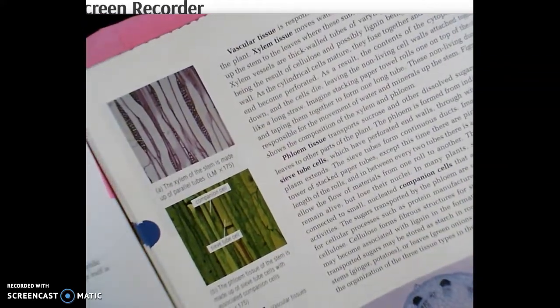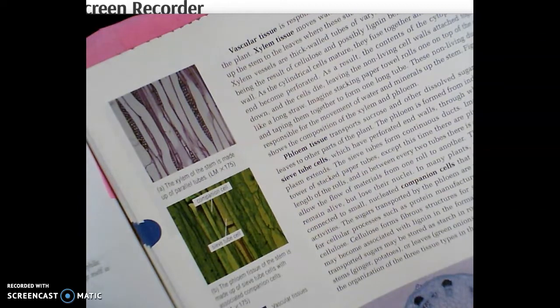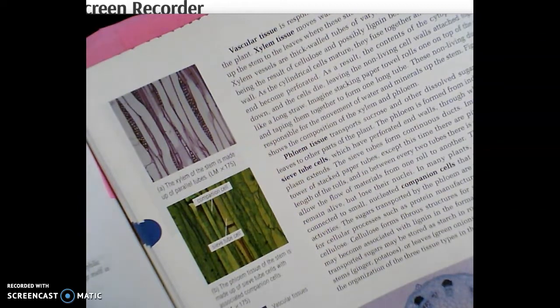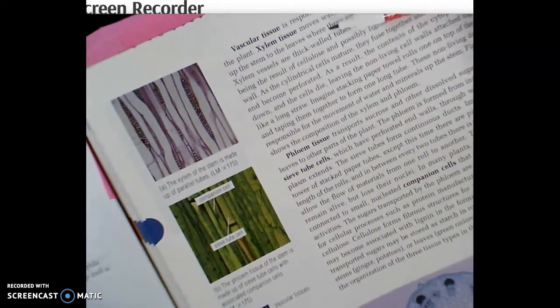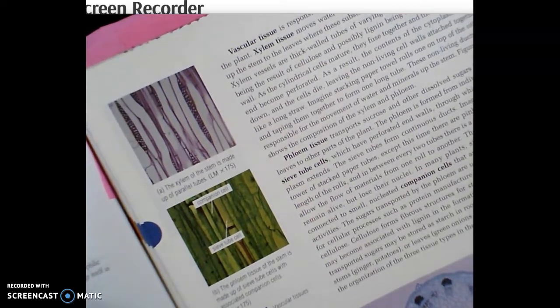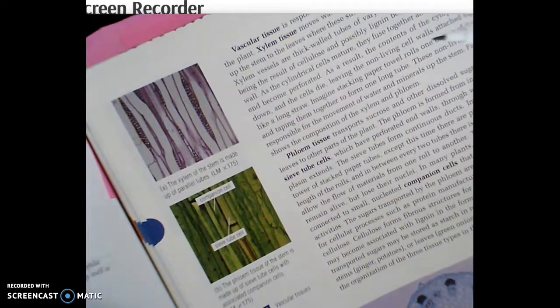In people, that's our veins and our heart. Plants don't have a heart to pump water like we do, like our blood, but they do have xylem tissue and phloem tissue. Xylem transports water and minerals from the roots up the stem to the leaves for photosynthesis.